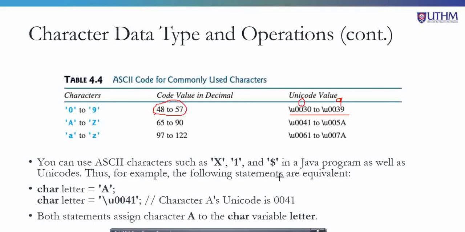Normally, whenever we want to assign a character value, we just put char letter equal to single quotation marks A. However, in Java, we can also put the Unicode value. char letter equals, we need to refer to the table actually, but in this lesson I just provide you with the ASCII characters, because this is quite hard to remember.